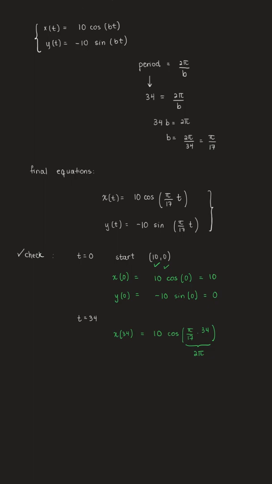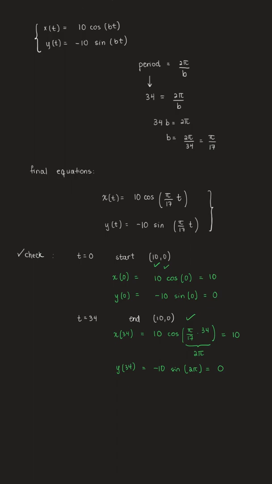That's what we want, because then we know that we've gone a full circle around. Cosine of 2 pi is 1, so this gives us 10. So it looks like we're going to end where we need to end, right? We need to end at the same spot, (10, 0). Let's check that y gets us there also. Y of 34 is going to give us negative 10 sine of 2 pi also, because it's pi over 17 times 34. And that's also going to give us 0, so sure enough, we end at (10, 0).